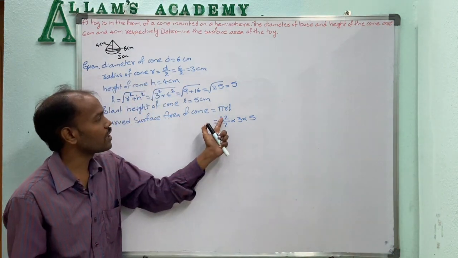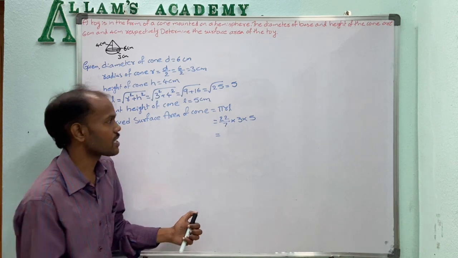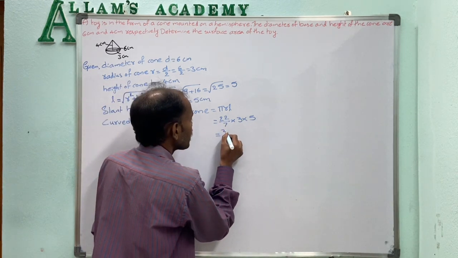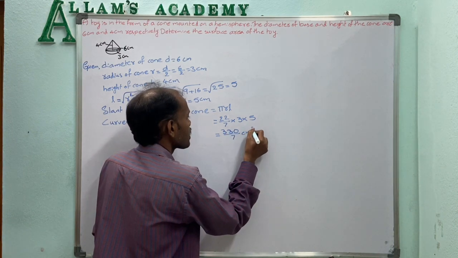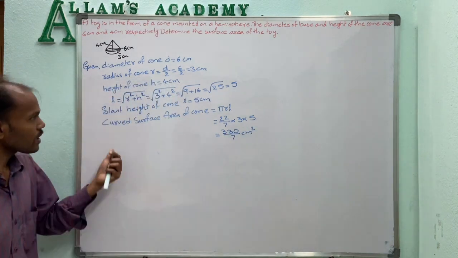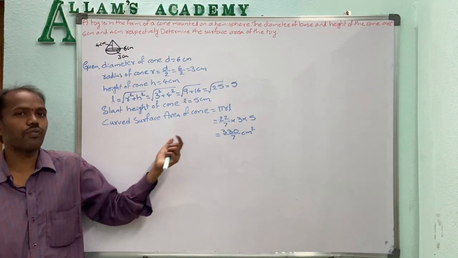So 22 × 3 × 5 / 7 is nothing but 330/7 cm². That is the curved surface area of the cone.